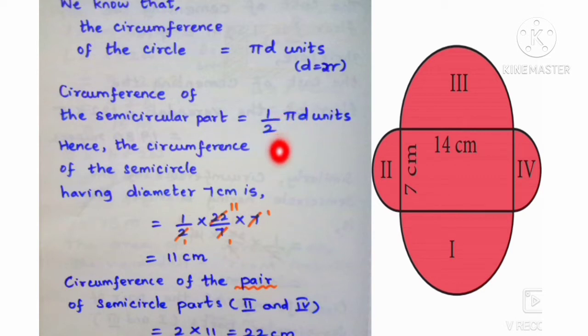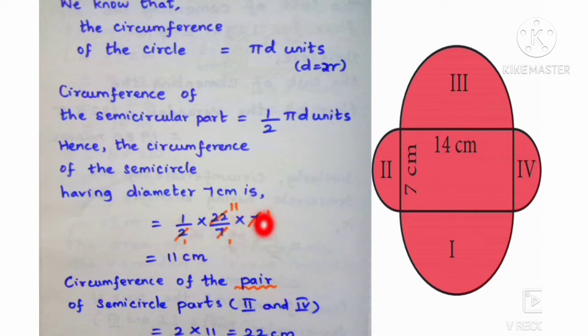So now students, let's start to find the circumference of each semicircle. The circumference of the semicircle having diameter 7 centimeters: substitute 7 in this formula. 1 by 2 into the value of pi, 22 by 7, into d, which is 7 centimeters.